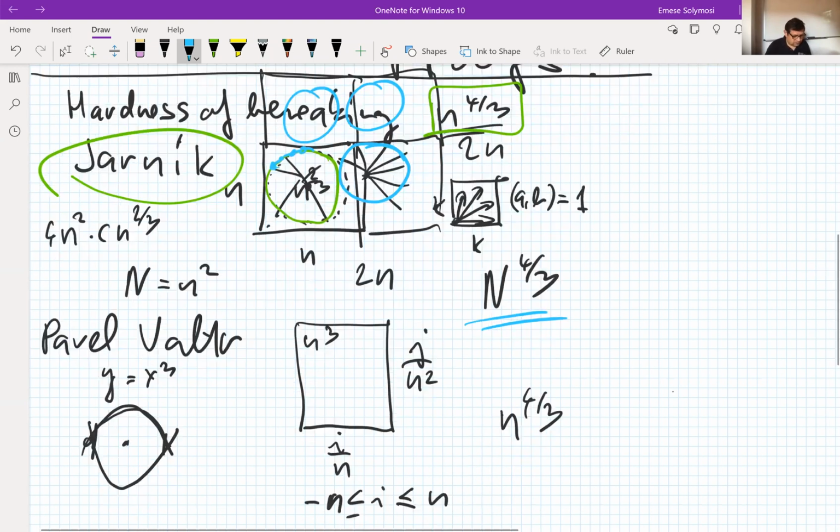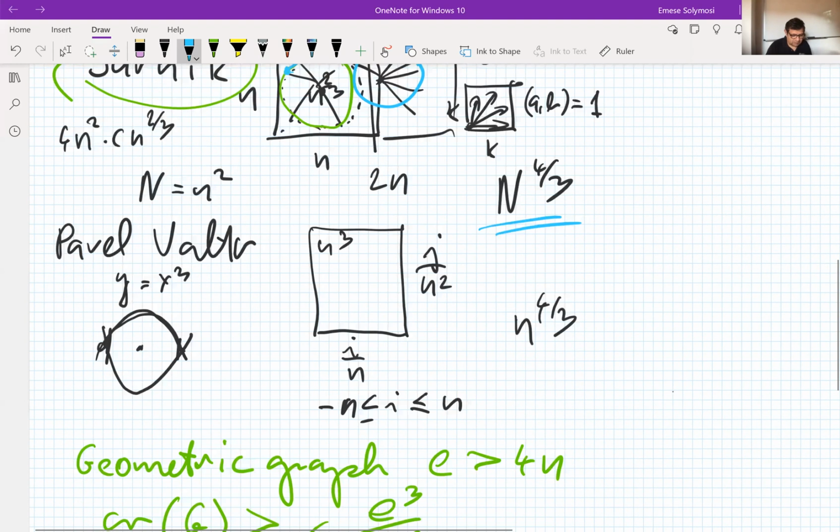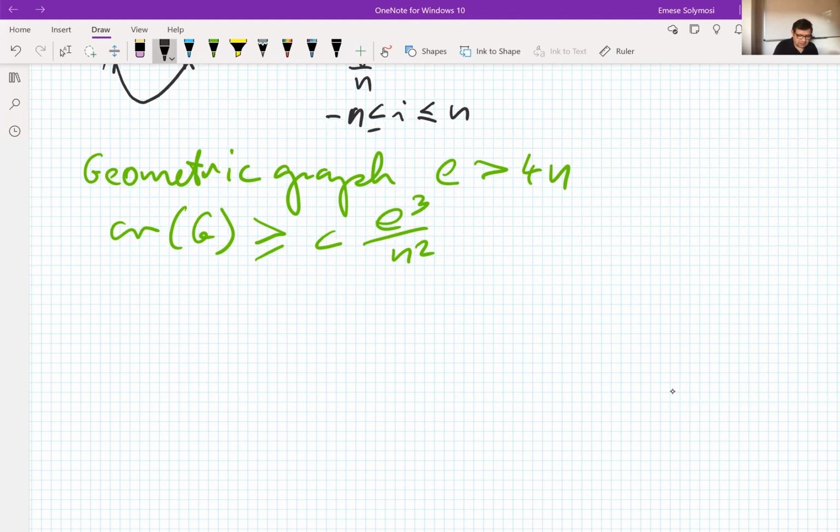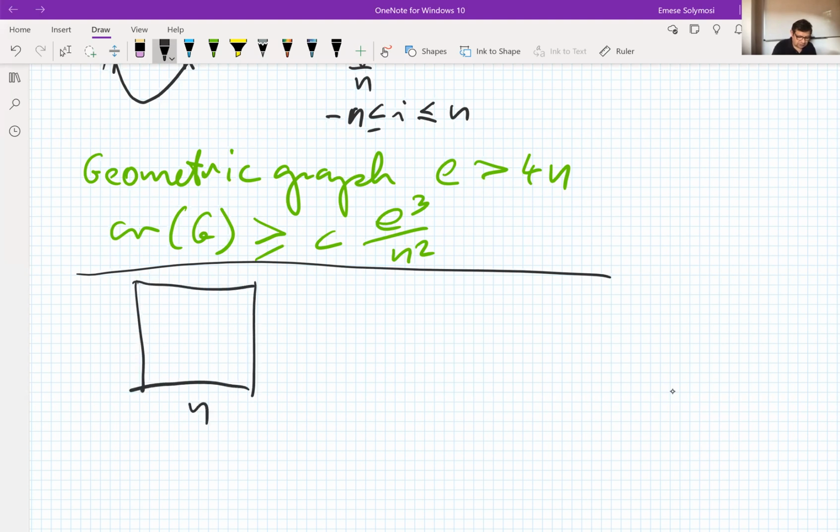Now, I mention a problem because I promised that I will talk about open problems which you might find interesting. If you are into problems in number theory, then this is still an open question. You have an n by n integer grid, and you want to find a curve.